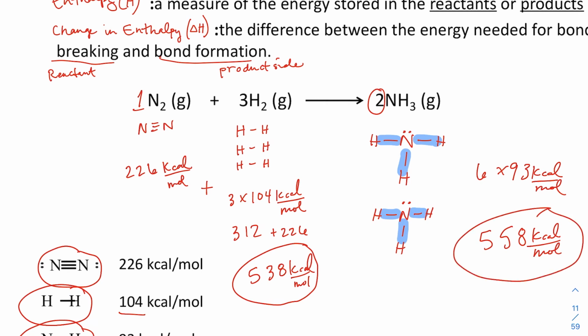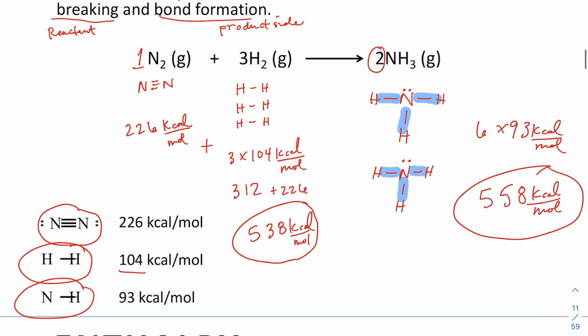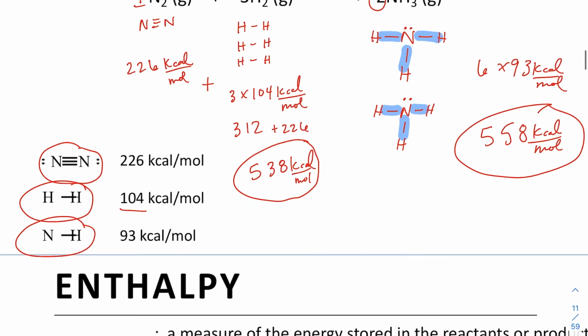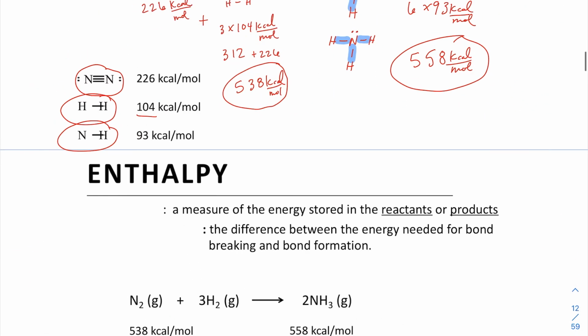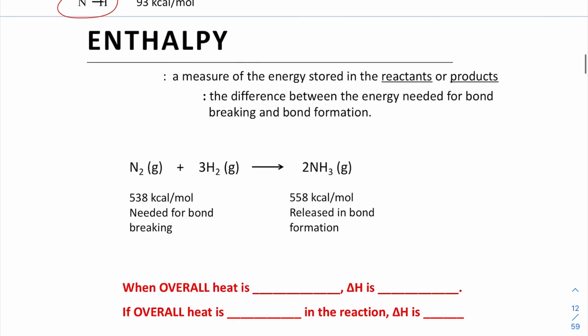So, I'm going to go down to the next slide because these numbers, the 538 and the 558, are summarized down below. Okay, so what we see in this reaction is that 538 kcal per mole of energy is needed for all the bond breaking. 558 kcal per mole is released in the bond formation. Okay, so we're going to have to invest this amount of energy, and the reaction's going to release this amount of energy.